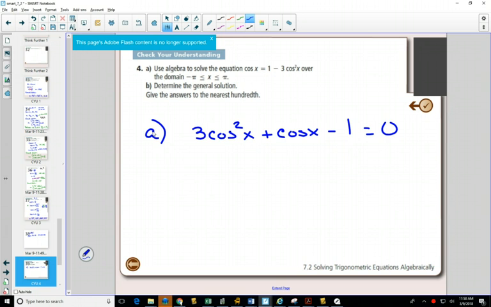Now, if I try to factor this one, don't write this down because I'm going to tell you right away you can't factor this one. But if you tried, the only way that you can get 3 cos squared is if it was 3 cos and cos. And the only way you can multiply to get 1 is 1 and 1.